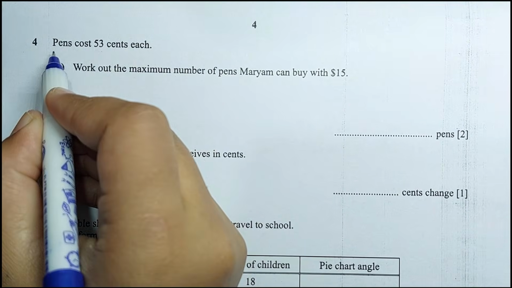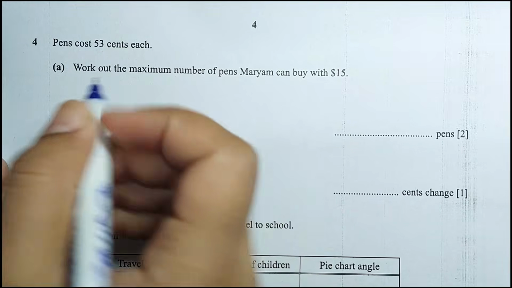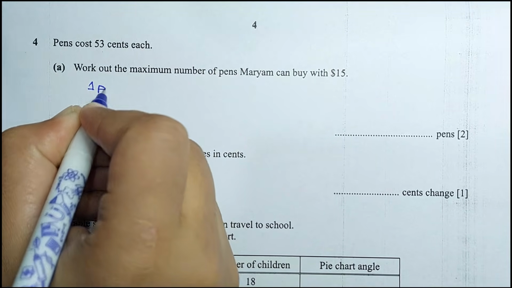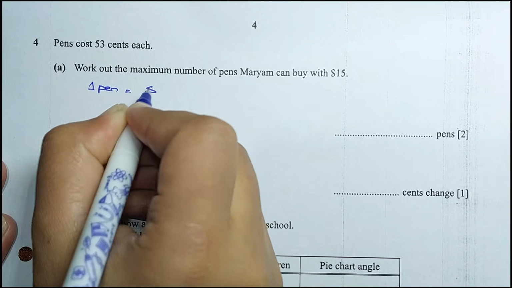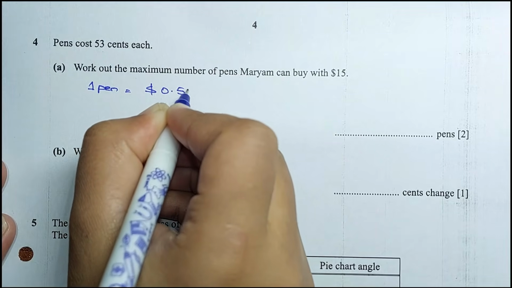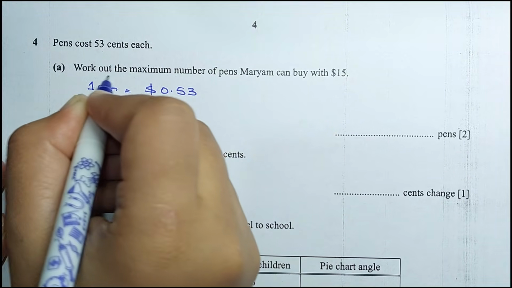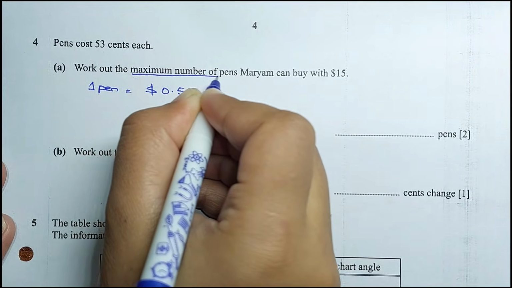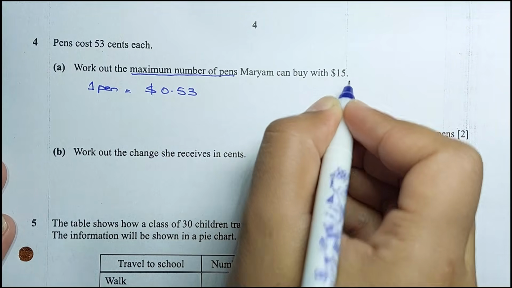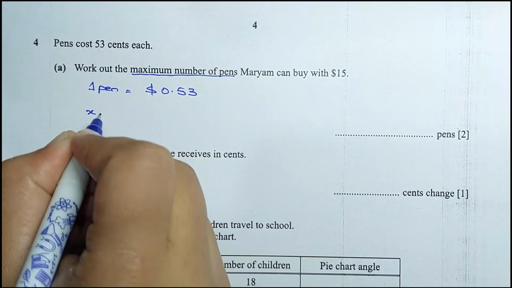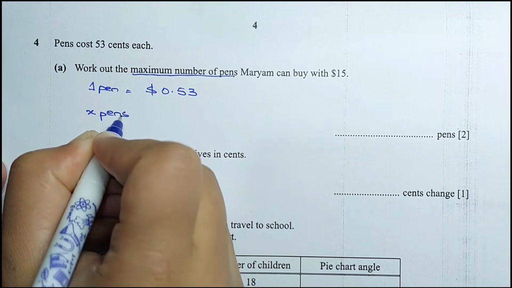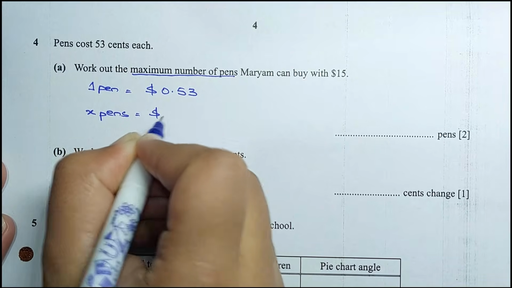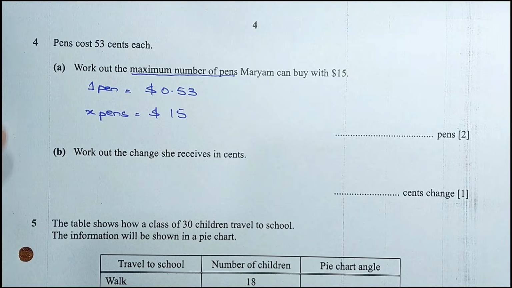Question number 4. Pens cost 53 cents each, so one pen is $0.53. Part A, work out the maximum number of pens Mariam can buy with $15. Let's say she can buy X pens with $15.